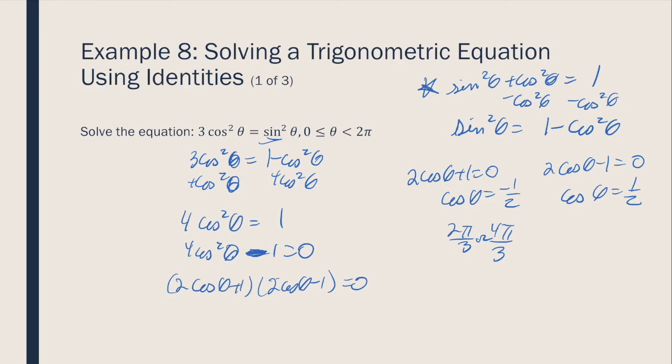That's at pi over 3 and at 5 pi over 3. So my solution set is 4 possible thetas, which is 2 pi over 3, 4 pi over 3. Maybe I should have written this in order first. So pi over 3 first, and then 5 pi over 3. So it's repeating every pi over 3.